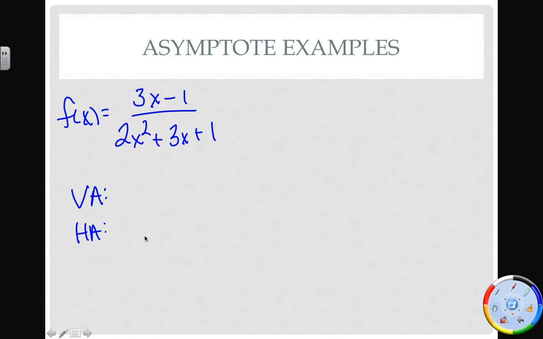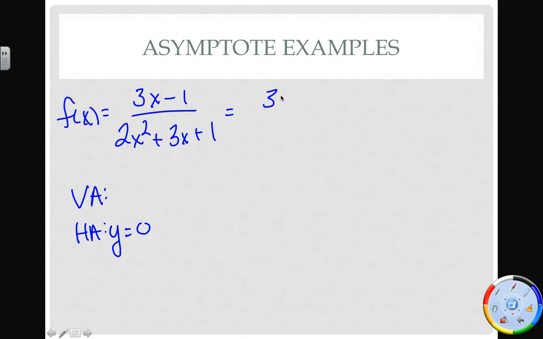Horizontal is usually the fastest one because I can look at my degrees. Maybe you even know it off the top of your head already. The degree here is 1 in the numerator, 2 in the denominator. Since there's a bigger degree in the denominator, my horizontal asymptote is automatically y equals 0.